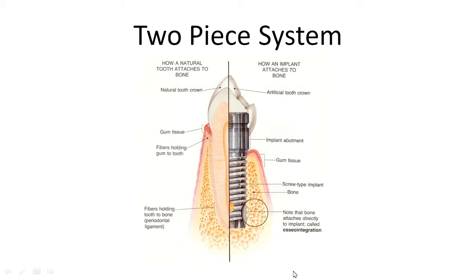And we will be discussing things that you might have heard about, such as platform switching, which has been designed to try and stabilize this soft tissue implant interface, because this tends to shrink away.